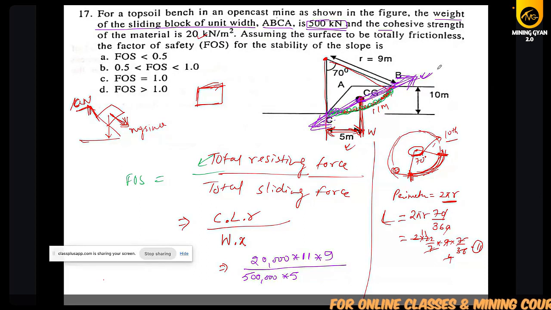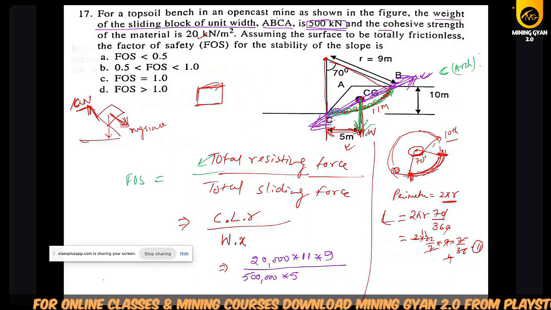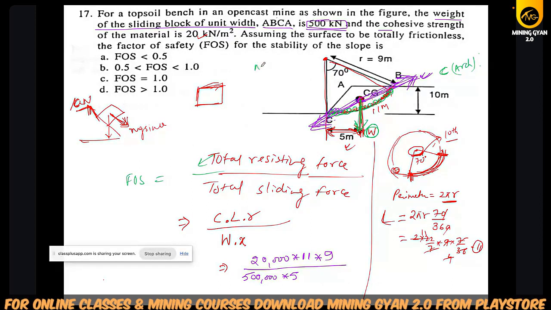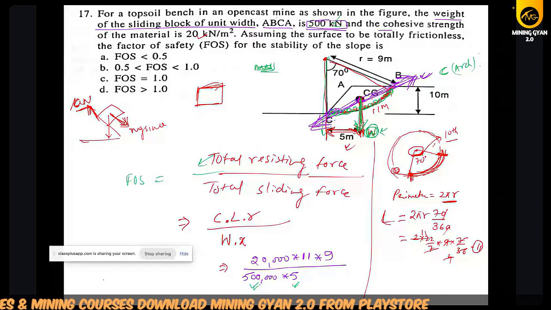So the cohesive force and arc length multiplied with the radius, divided by the total sliding force, which is just W, the weight. Here the weight is given. If mass had been given, but since weight is given, they have already considered gravity and given us 500 kN. So it will be 500 multiplied with 1000, and the distance between the center of the circle and the center of gravity, which is 5 meters.